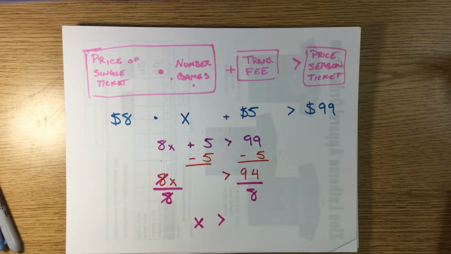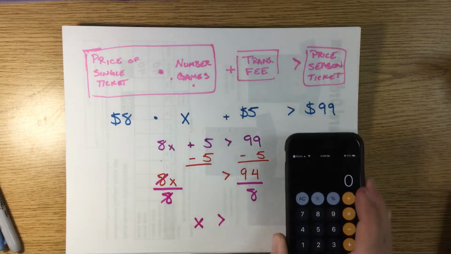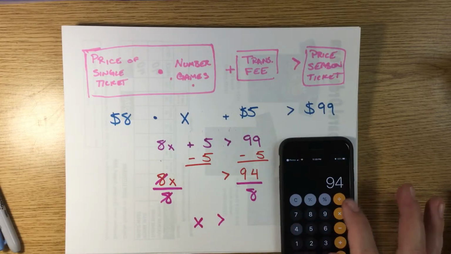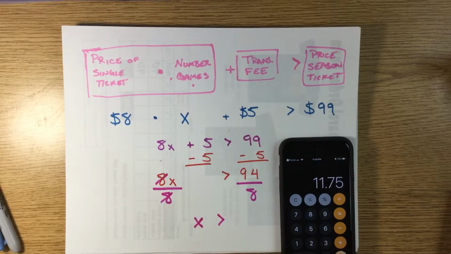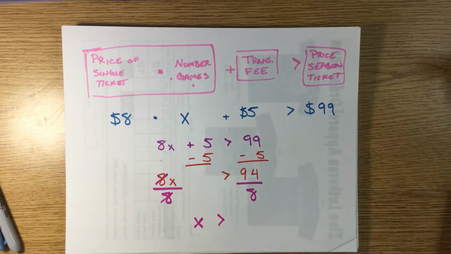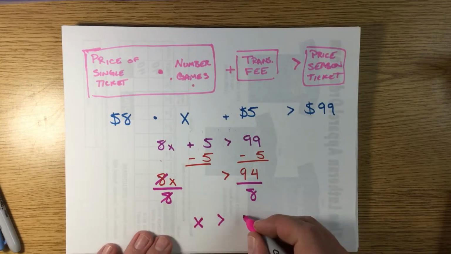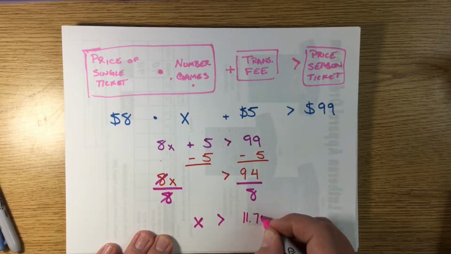And 94 divided by 8 is going to be, well, let's see here. If I pull out my calculator, I got some numbers on there already. 94 divided by 8, and it's going to give us a decimal number, 11.75. So x has to be greater than 11.75.